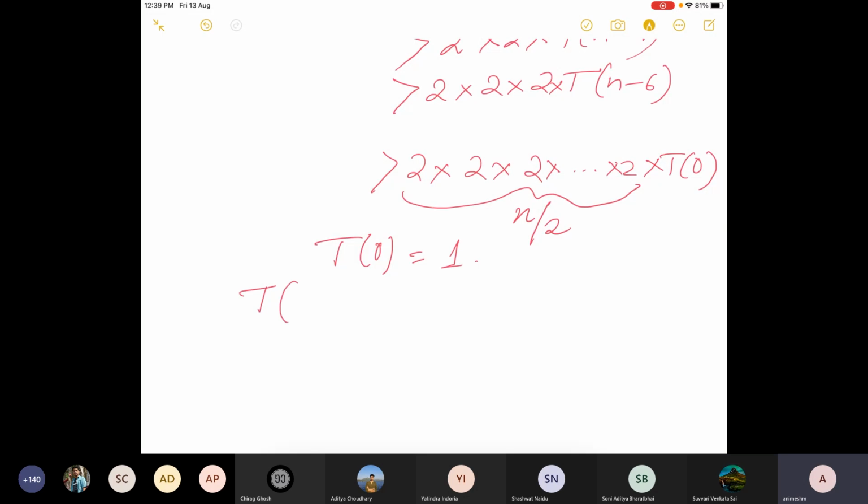So this means Tn is greater than 2 to the n by 2. Any constraint? n greater than or equal to 2. Very good.